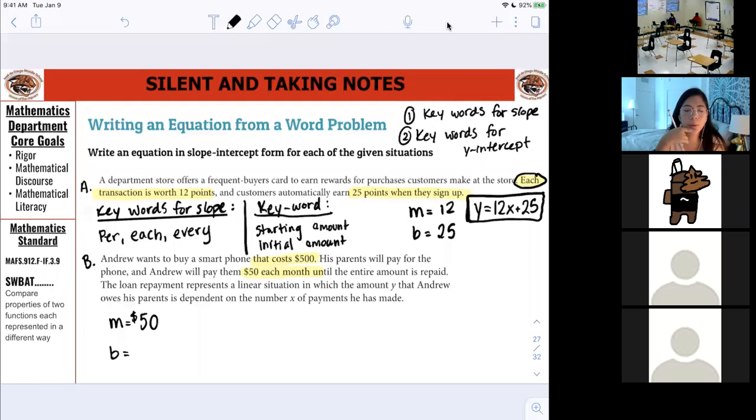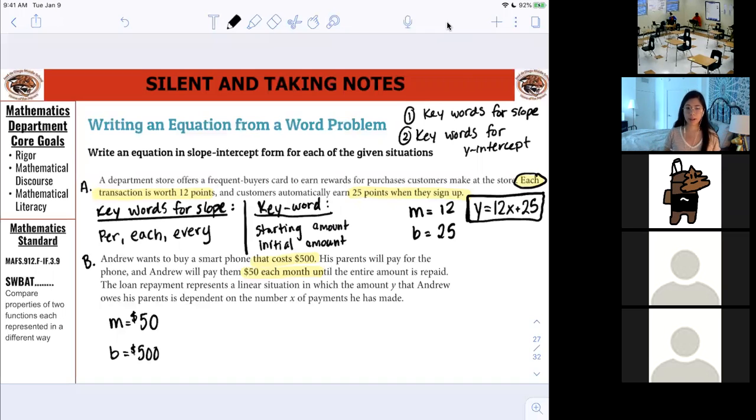And then I know that the y-intercept, by process of elimination, whichever one is not the slope, is going to be your y-intercept. So here it's 500. But now let's think about this because something is a little bit different here. Andrew is paying back $50 each month. So he starts off owing money.